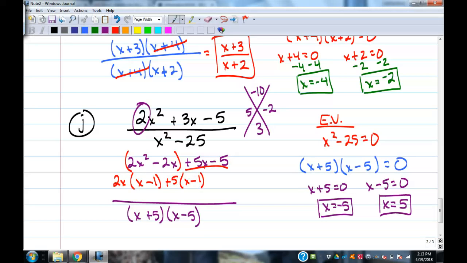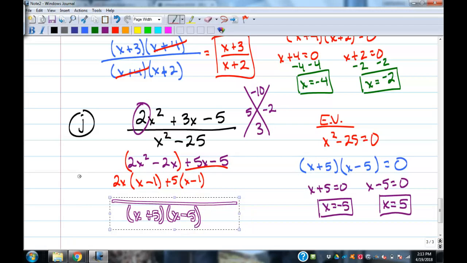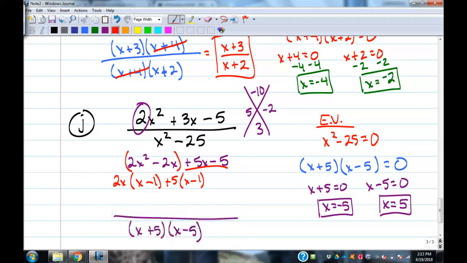So the factored form for the numerator is 2x plus 5 times x minus 1. One factor is the matching parentheses, the other factors are stuff in front. So nothing matches. Does it simplify? No. But I want to see this factored form as proof that it doesn't.